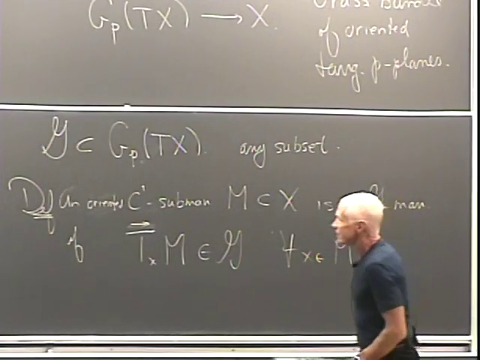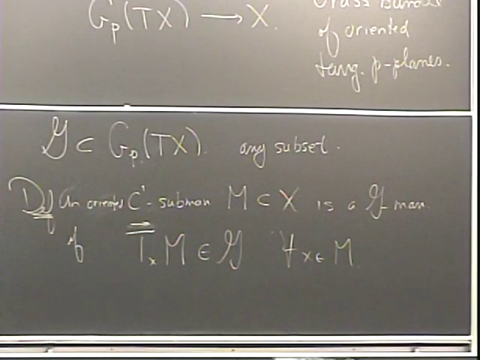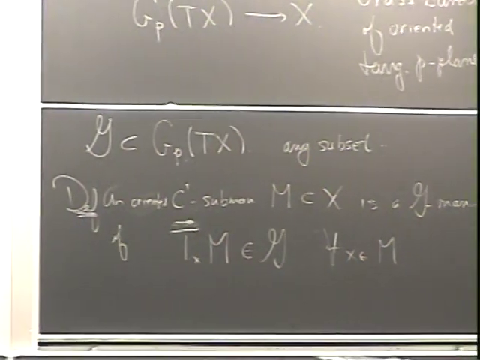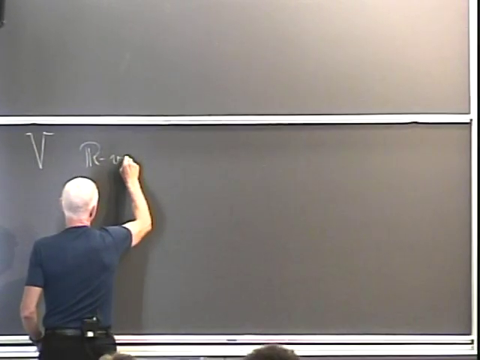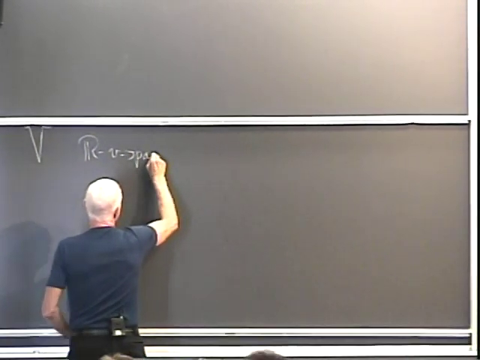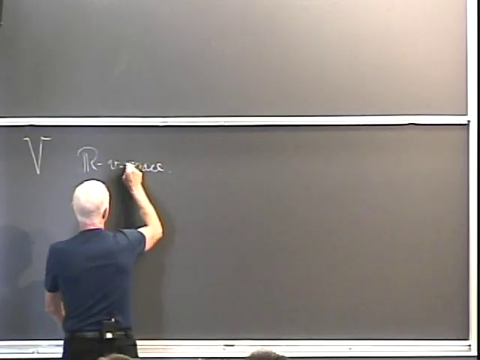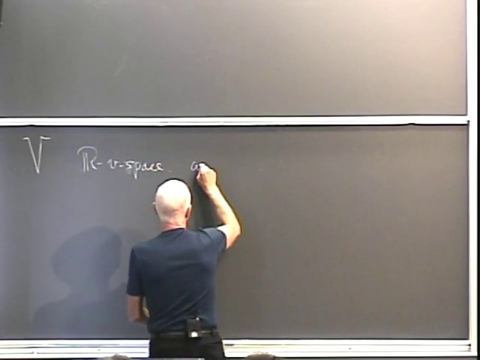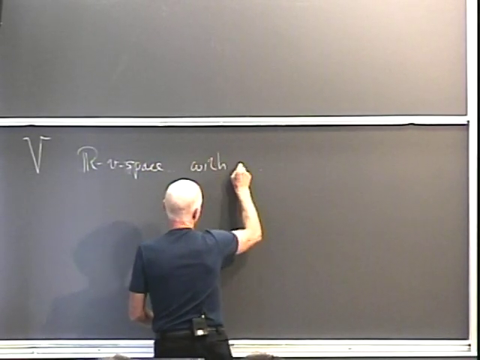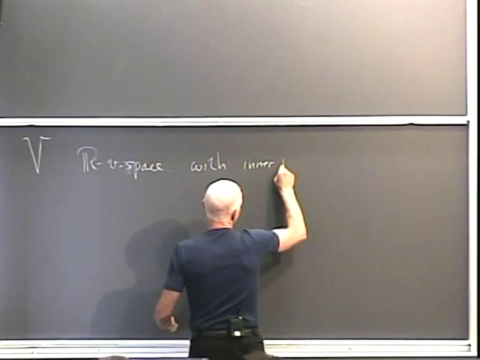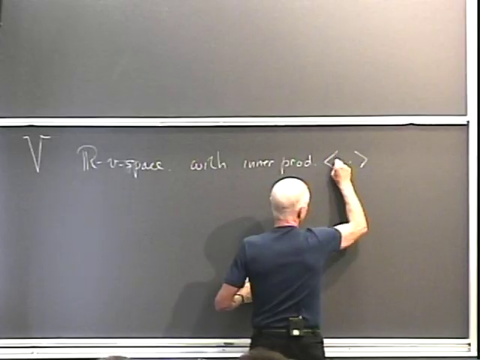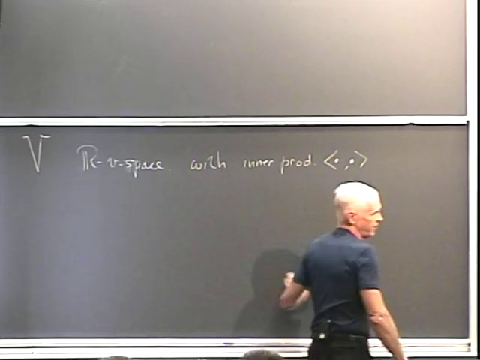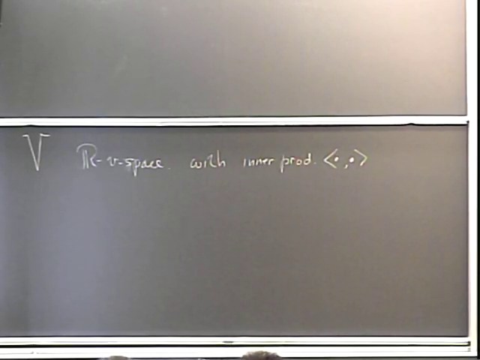All right, so now let me start with some basic ideas. Let V be a real vector space, finite dimensional, with a positive definite inner product, which I'll denote this way.